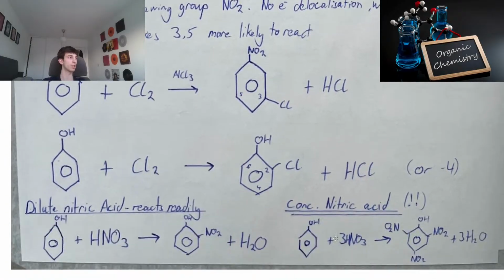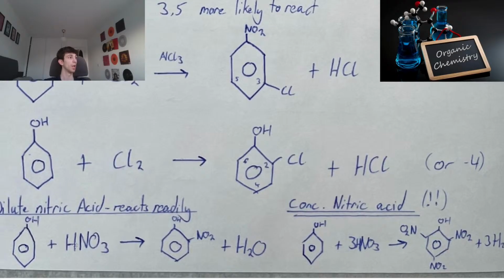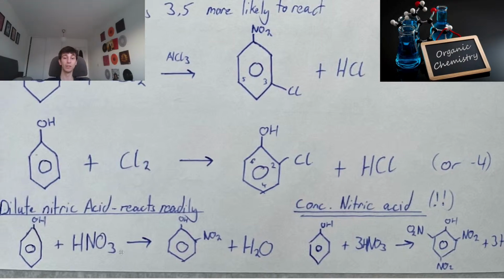Now, two things I wanted to address, guys, with phenol: phenol with dilute nitric acid, and phenol with concentrated nitric acid. If we react it with dilute nitric acid, sorry guys, I was just reading the chat. We're going to get mono substitution. OH once again 2,4,6 directing, second carbon plus H2O.